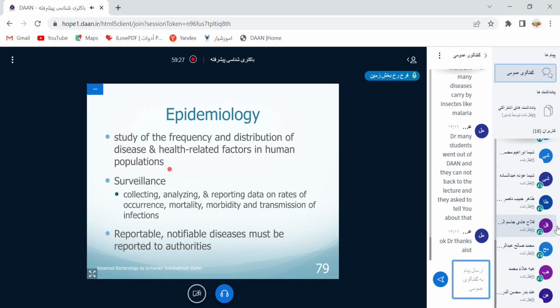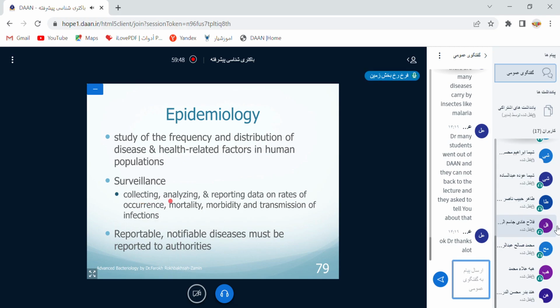Before doing anything we should have knowledge. So epidemiology is very important for programming to stand against our pathogens.